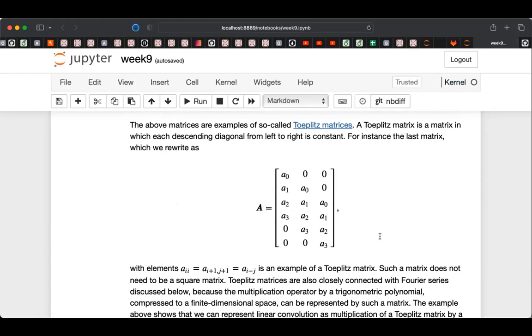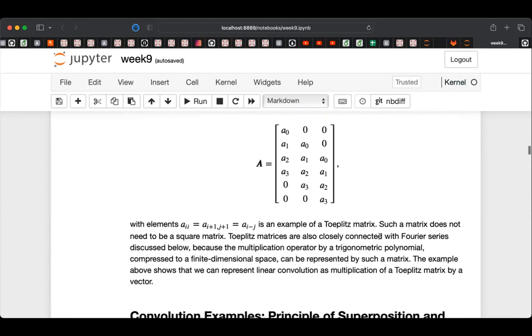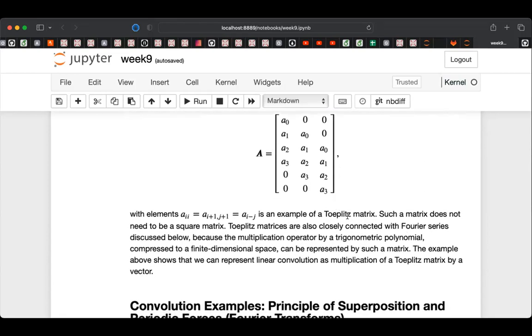And in particular, for those of you who may be involved in Fourier series, you can see that we can rewrite a Fourier series because the multiplication operator by a trigonometric polynomial compressed to a finite dimensional space can be represented by such a matrix when you're studying Fourier series.